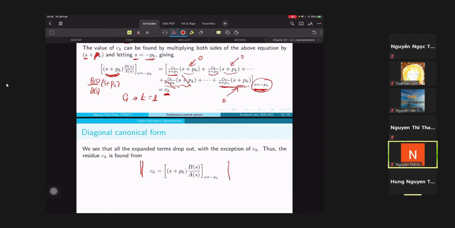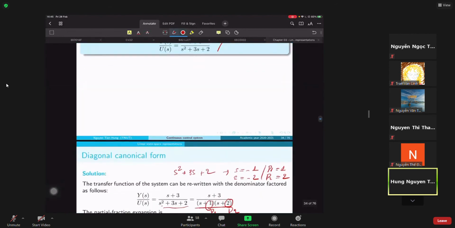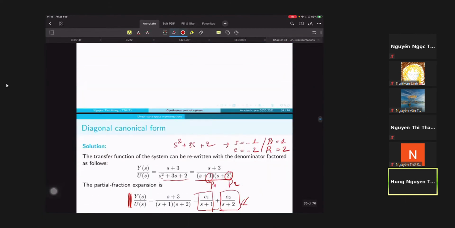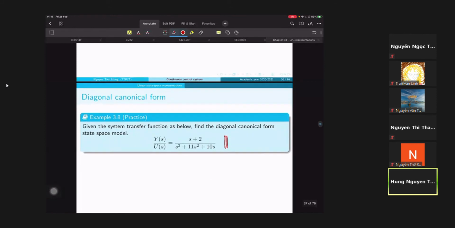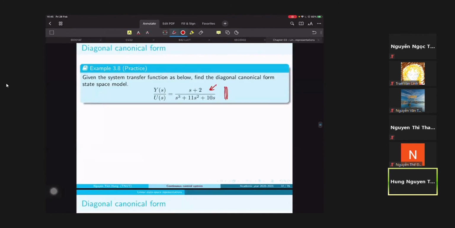So it's good. You know how to solve this problem. But remember, in this case the numerator has an order smaller than the denominator, so we have no Bn. So Bn equals 0, and D is 0.